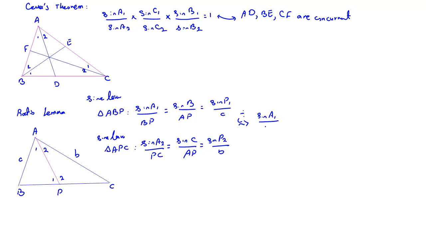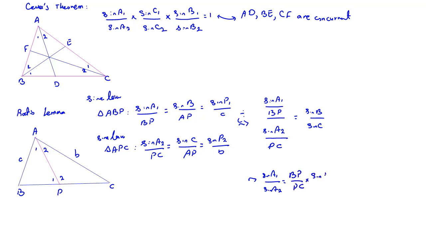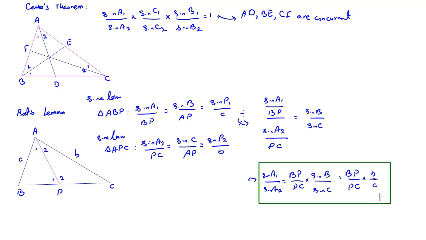Sine A1 over BP equals sine A2 over PC, equal to sine B over sine C. AP is cancelled, so we have sine B and sine C. So here we can conclude sine A1 over sine A2 equals BP over PC times sine B over sine C. If we consider the first fraction and the third fraction, instead of sine B over sine C, we can write B over C: BP over PC times B over C. We call this the ratio lemma, and it's very important to memorize in many problems: AMC, AIME, USAMO, and here PMO. It's useful, okay?